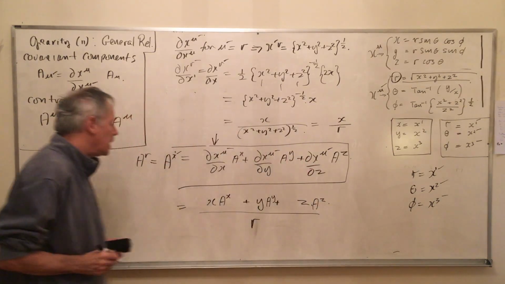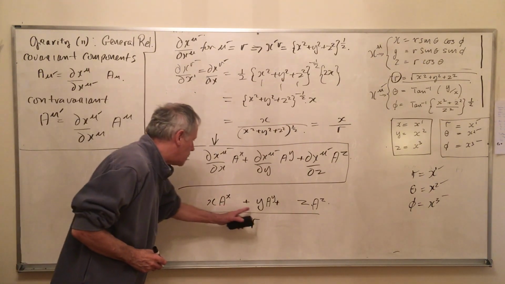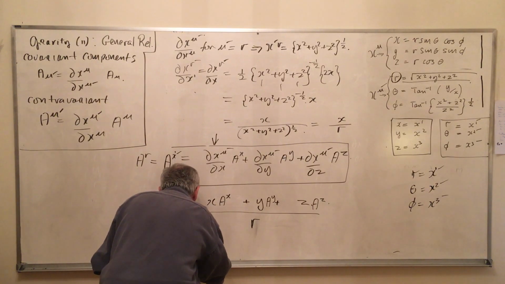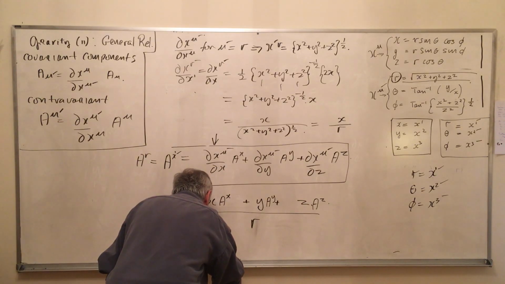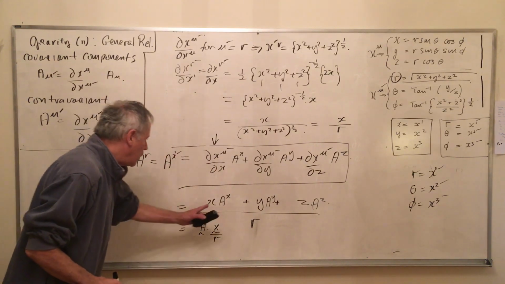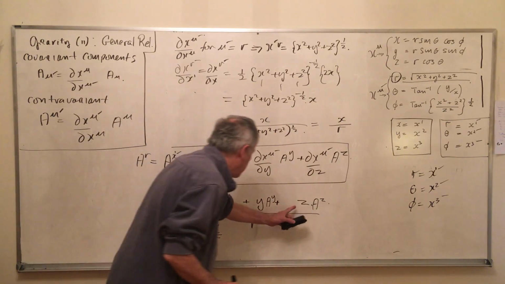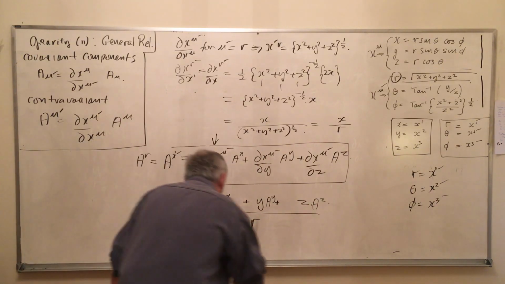Now I haven't specified exactly what Ax, Ay, Az is, but if we do this, we notice something. It's a dot product between the position x, y, z over r, like A dot x over r.